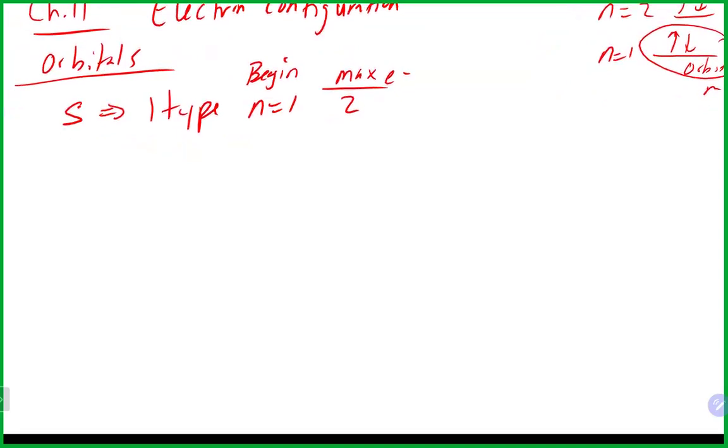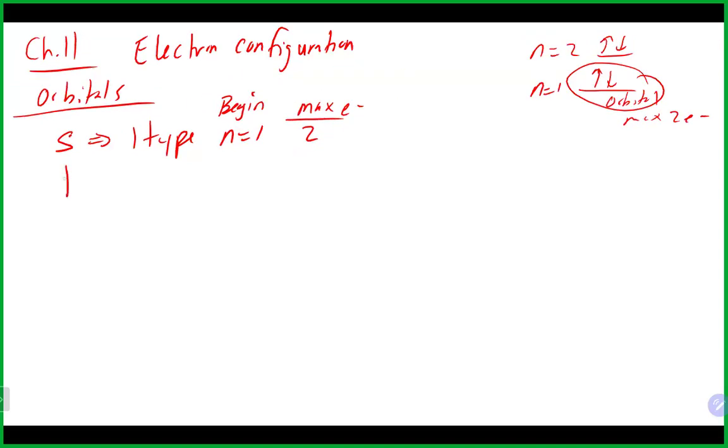Now, there's also p orbitals, and there are actually 3 different types of p orbitals: px, py, pz, the orientation in 3-dimensional space. They do not begin until you get to the second energy level.